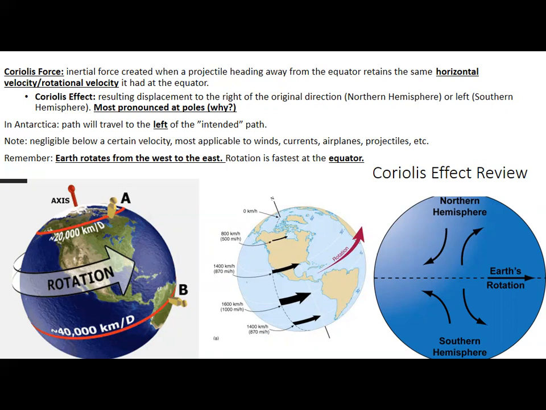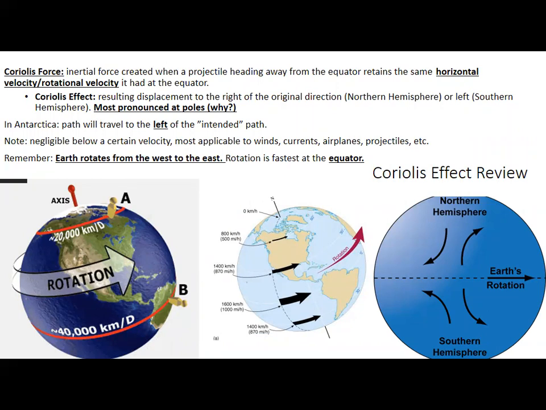If an air mass or an airplane is in the southern hemisphere heading from the equator towards the South Pole, the Earth moves from left to right, from west to east. That airplane, when it takes off, is going to act like it's still moving along with the rotation of whatever objects were also at the equator.